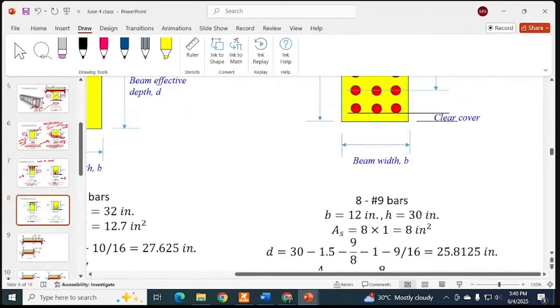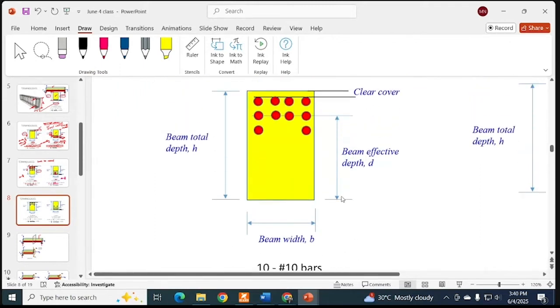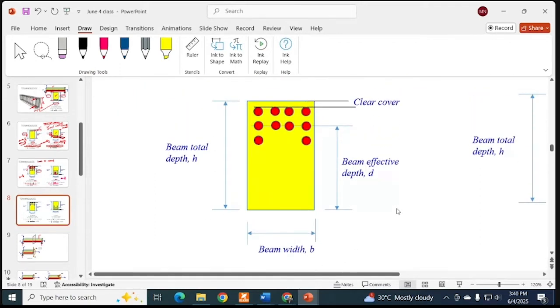Okay, we have more examples. Now, this is a tricky issue. We have 3 layers of bars, but the last layer has only 2. So how do you determine the location of centroid?